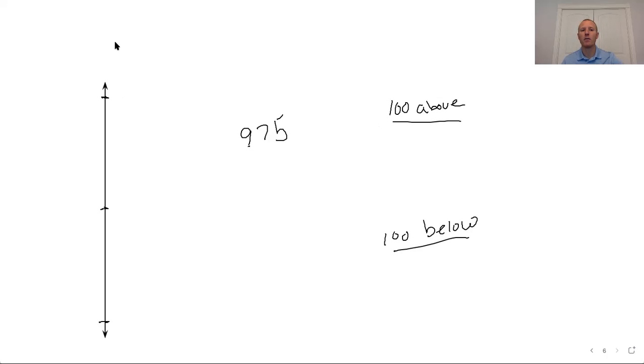I want to have 10 hundreds, or 1,000. The 100 below, if I started at 975 and counted down, I would end up at 900. 950 is right in the middle, and 975 falls right here.